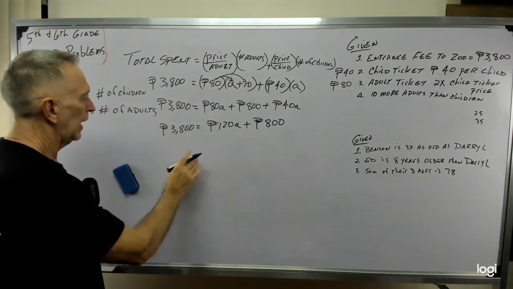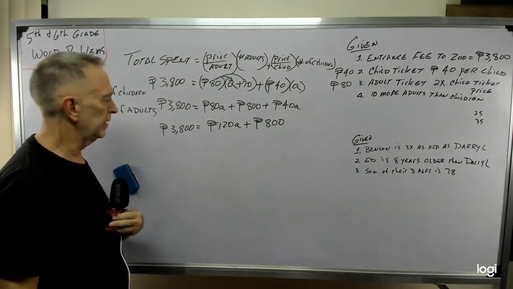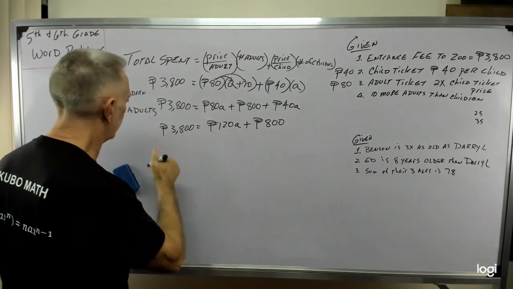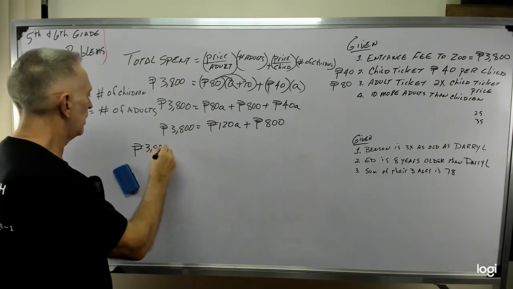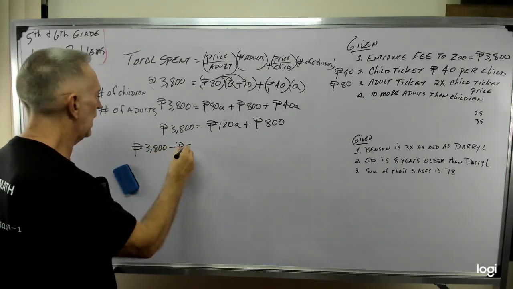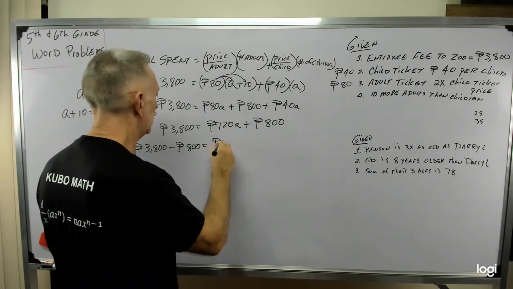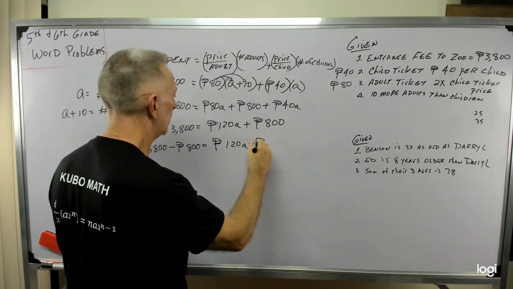Now, I'm trying to isolate the A, get everything away from it. So let me subtract the 800 and get it out of there. So I have 3,800 minus 800, and that equals the 120A plus my 800.